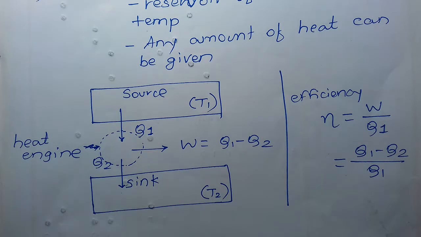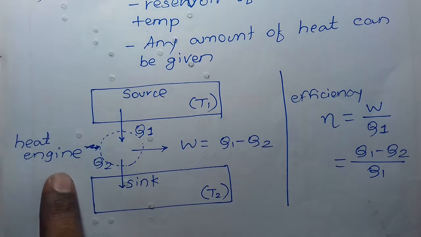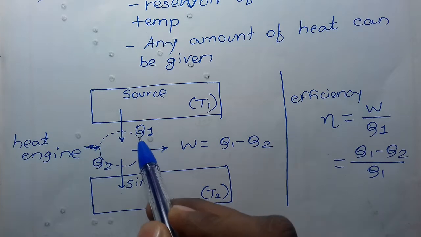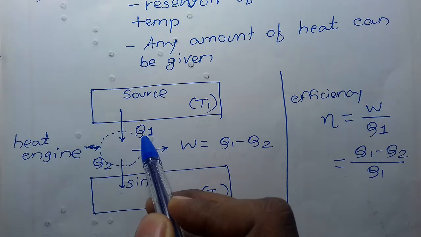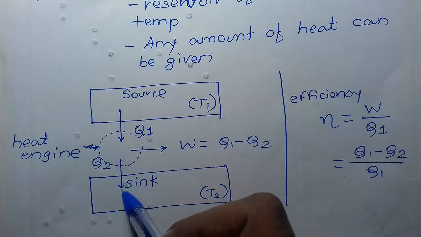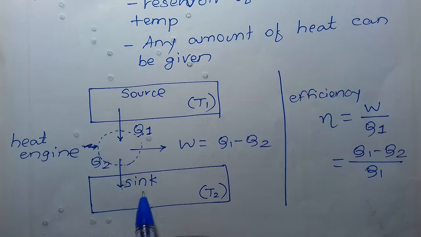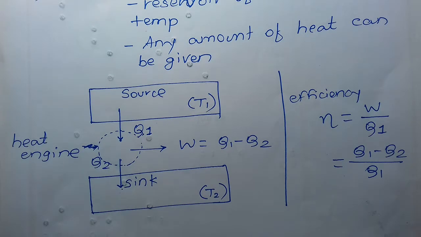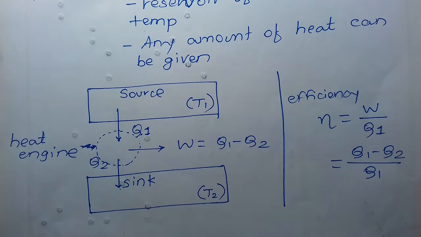Suppose this heat engine is engine of the bike. It gets Q1 energy from the petrol. It gives out some energy to the atmosphere. Atmosphere is the sink. It gives out energy because engine is very hot.